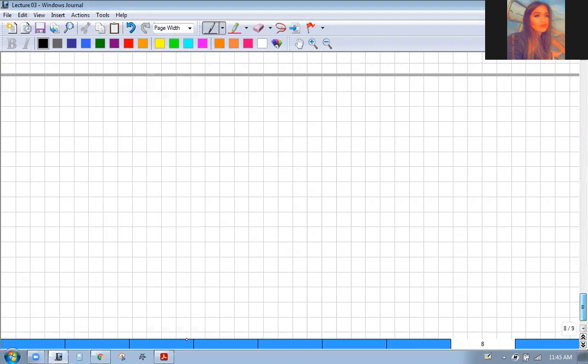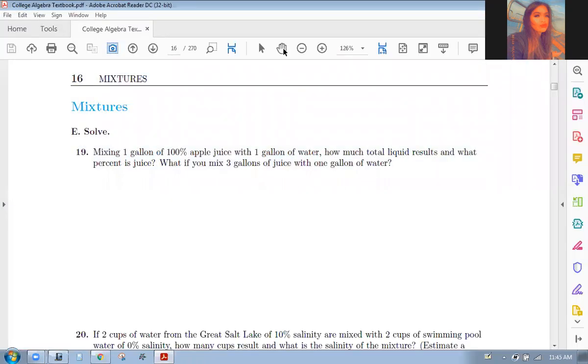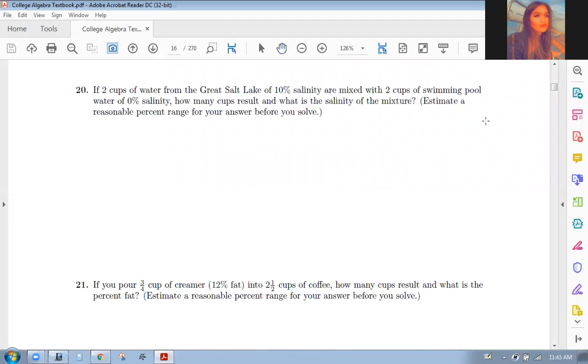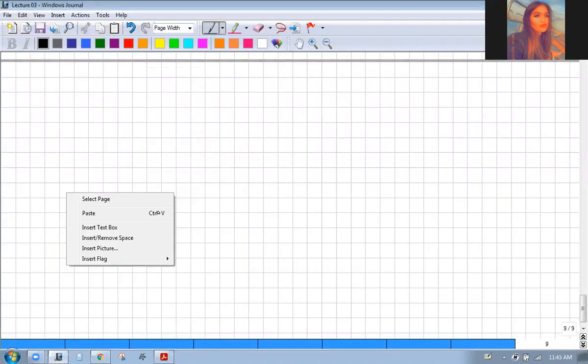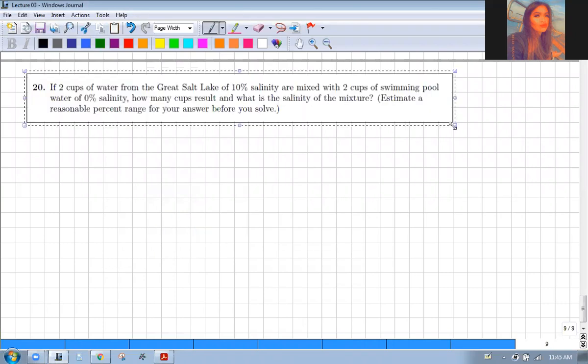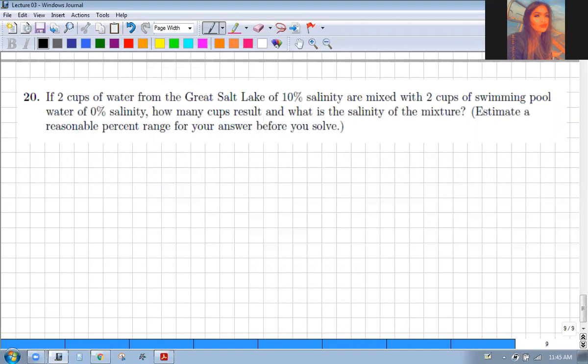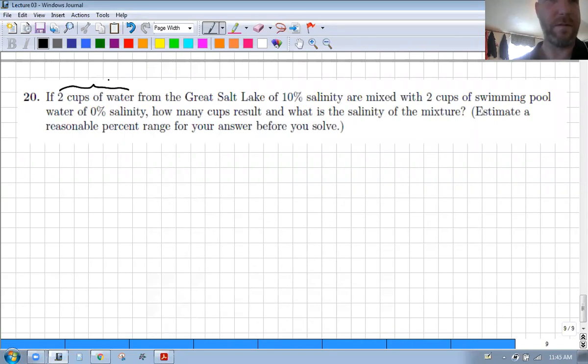So we did 19. Number 20 here. All right, we have 2 cups of water from the Great Salt Lake of 10% salinity. So 2 cups of water, that's our V1, and it has 10% salinity, so that's C1.